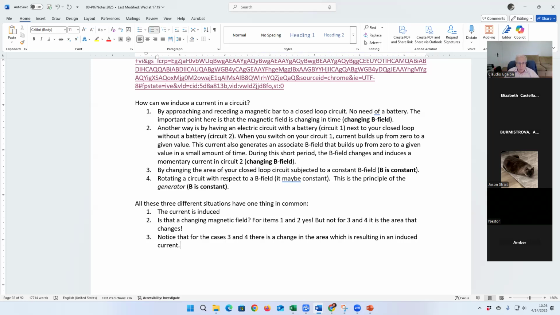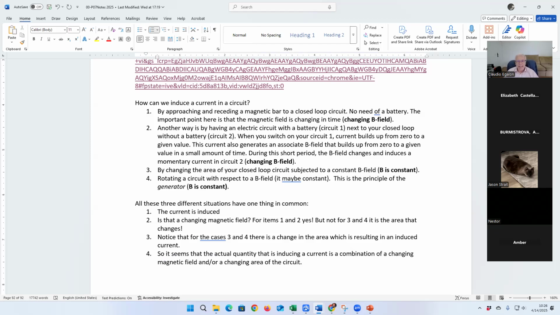Okay? So it seems that the actual quantity that is inducing a current is a combination of a changing magnetic field and/or a changing area of the circuit.